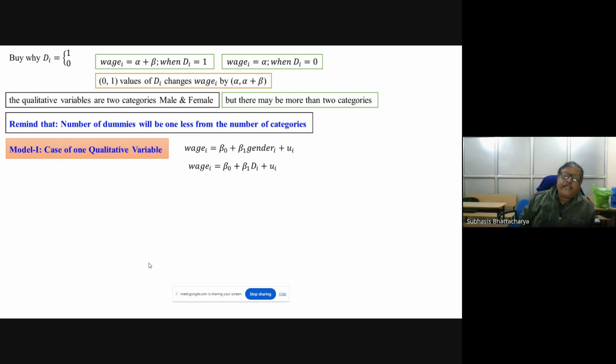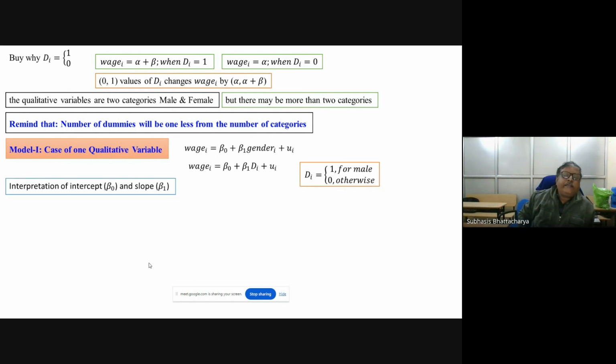If I replace gender, because gender has two categories, male and female, you have to use one dummy as per our rule. So it is wage equals beta 0 plus beta 1 Di plus u. Now what is Di? We construct the qualitative variable in such a way that it is 1 for male and 0 for female, or otherwise. The fashion of writing qualitative variables is that it is 1 for male and 0 otherwise.